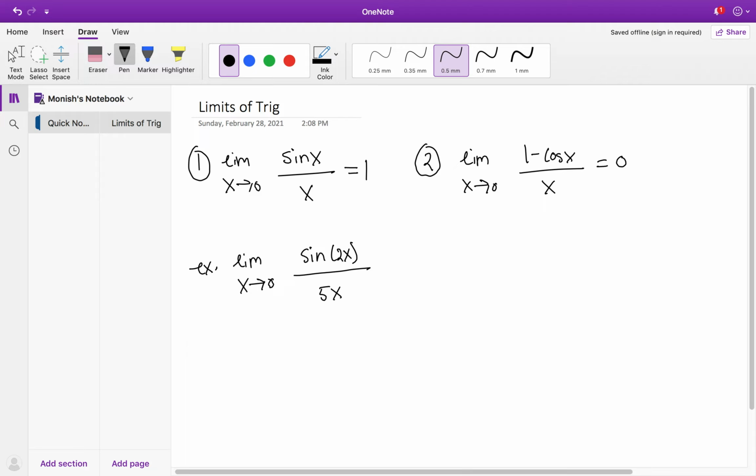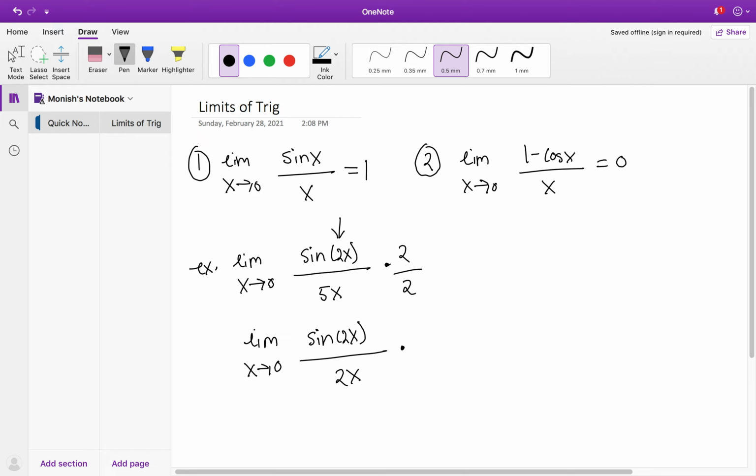What you're going to want to do is, we see that we have a 2 as our angle, so we're going to multiply both the numerator and denominator by 2 over 2. We're not really changing anything, but what this allows us to do is now I have sine 2x, and I have 2 in my denominator, and I have this x.